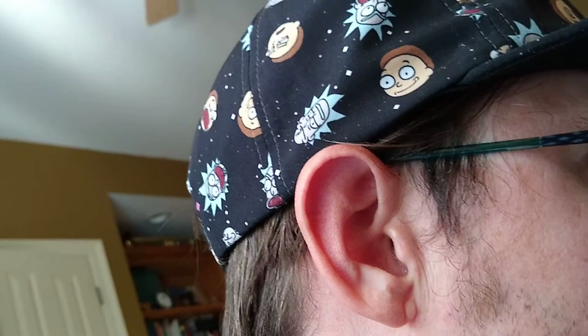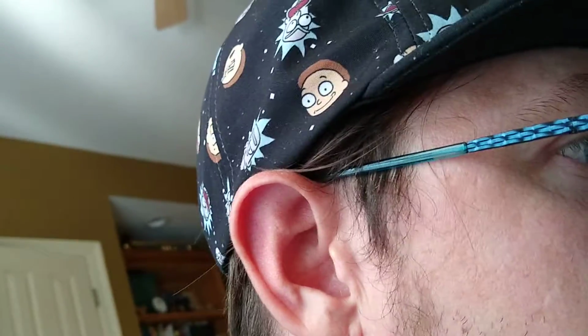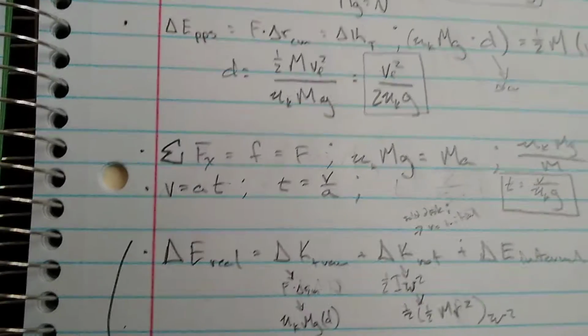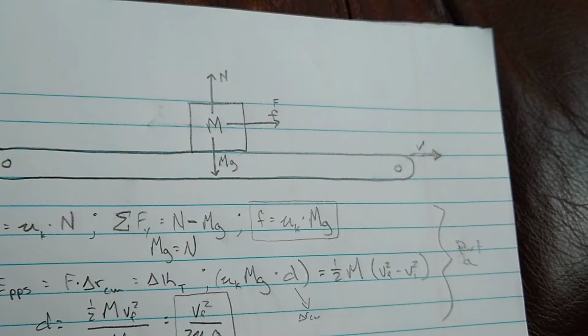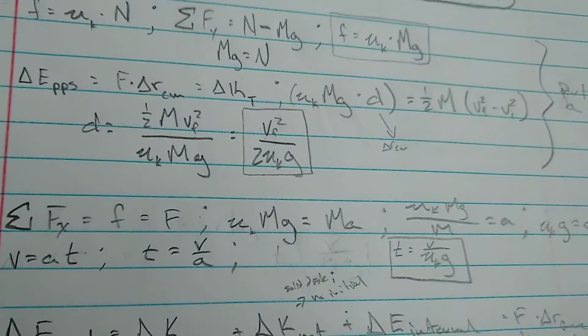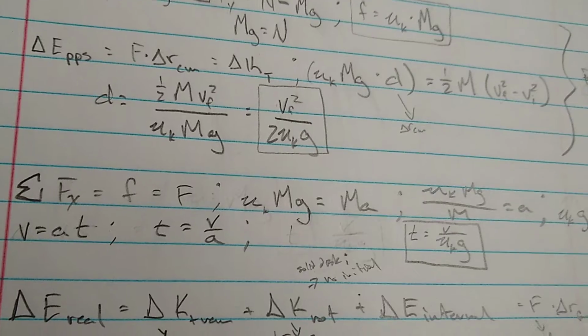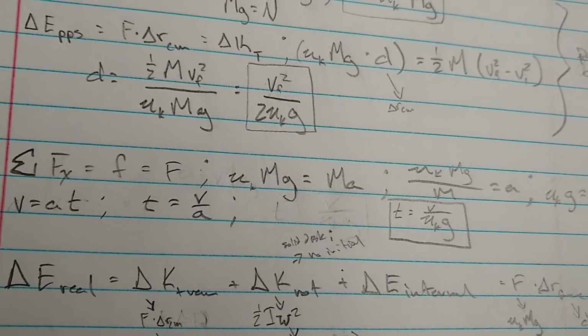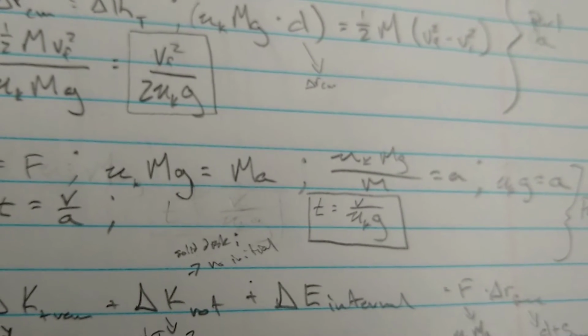Okay. The second question asks how much time does it take for the box to reach its final speed, and to analyze this we're going to sum up the forces in the x direction, which is just the frictional force, and set that to Newton's second law, force equals mass times acceleration. Just do our algebra.